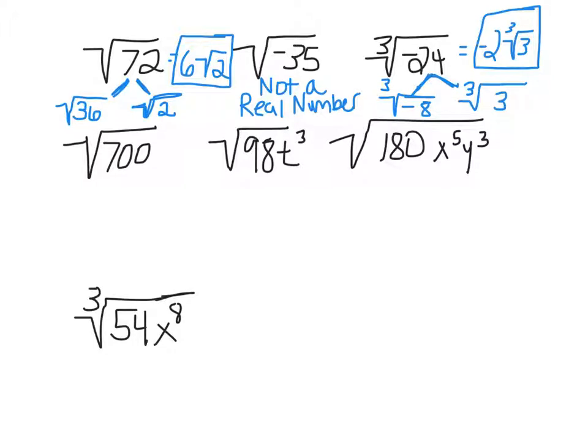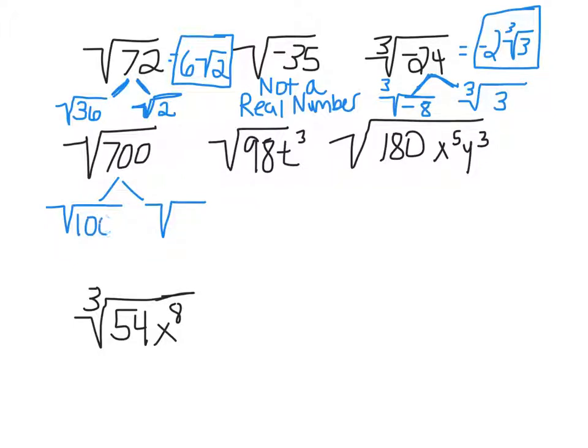Okay, let's look at 700. 700, what can I break? 700 is not a perfect square itself. So it's the square root of 700. What can I break 700 up into? What is a perfect square factor of 700? Well, if you think about it, 700 is 7 times 100, right? 100 is a perfect square.